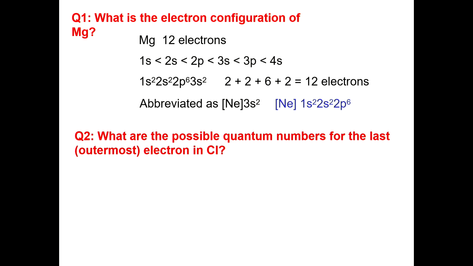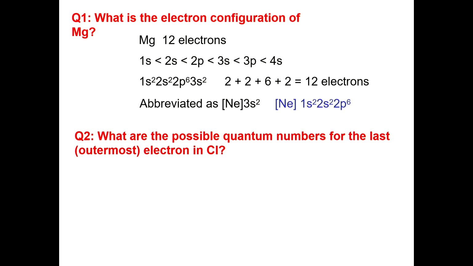Here, for this one, basically, we don't have to write all of these out, right? We can just use this, because this element has this electron configuration.